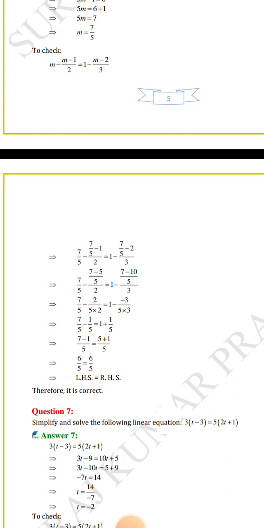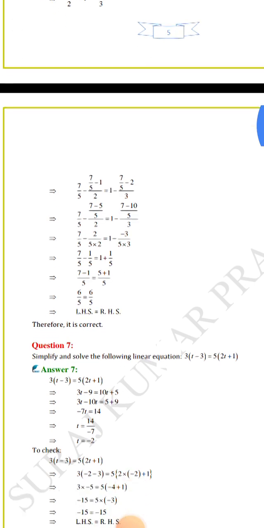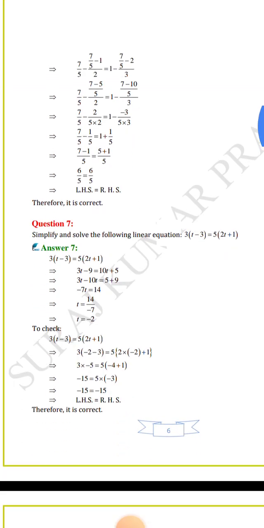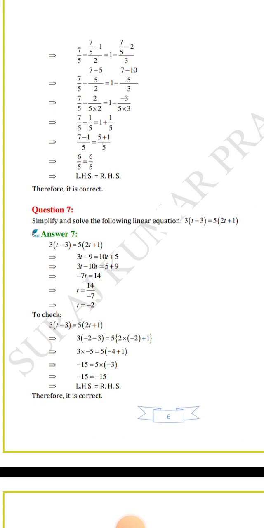To check, m minus (m minus 1)/2 equals 1 minus (m minus 2)/3. In the place of m we have to keep the m value, 7/5. Then 7/5 minus (7/5 minus 1)/2 equals 1 minus (7/5 minus 2)/3. Then 7/5 minus ((7 minus 5)/5)/2 equals 1 minus ((7 minus 10)/5)/3. Then we can get 7/5 minus 2/(5 into 2) equals 1 minus 3/(5 into 3).